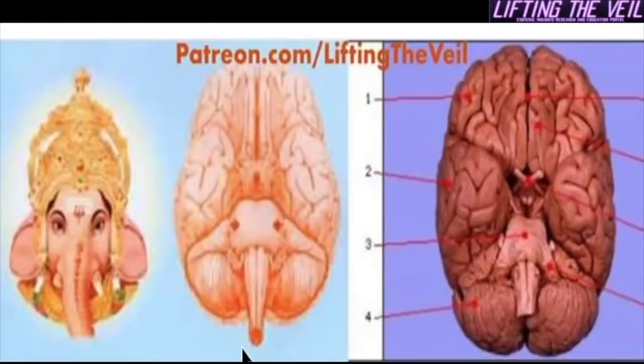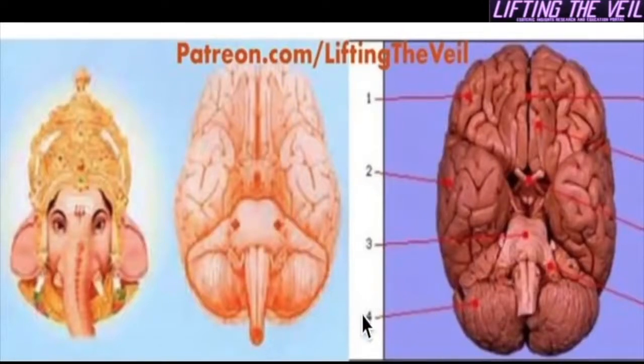And I know it would be easy for one to be skeptical about this and assume that this drawing of the human brain is just emphasizing a likeness to Ganesh. But this would not hold water, because you can look up any ventral view of the human brain, and you can see that this is exactly correspondent, which is likened to Ganesh.